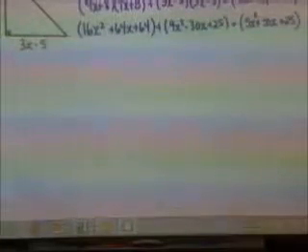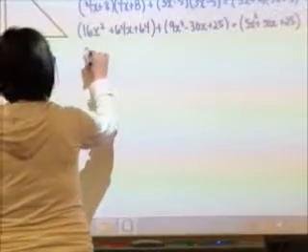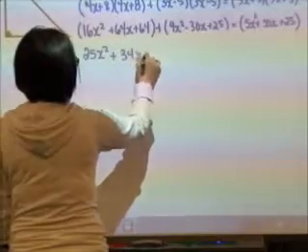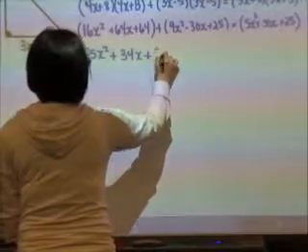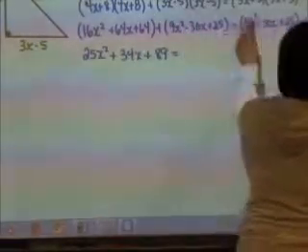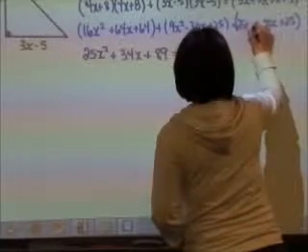So now, let's see, I've got 25x squared plus 34x plus 89 equals, and I screwed up on this one too, didn't I? There should also be a 25x squared.